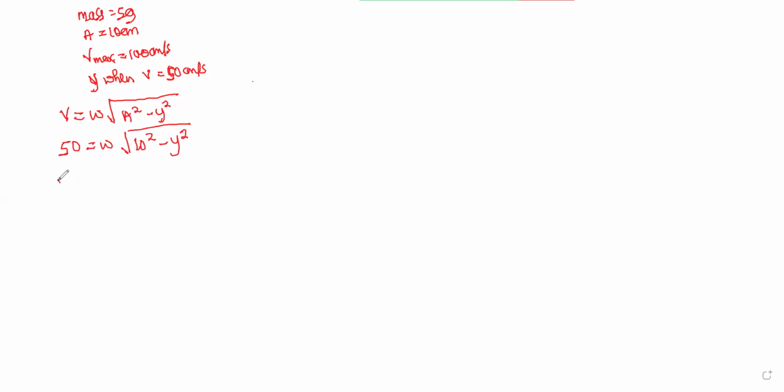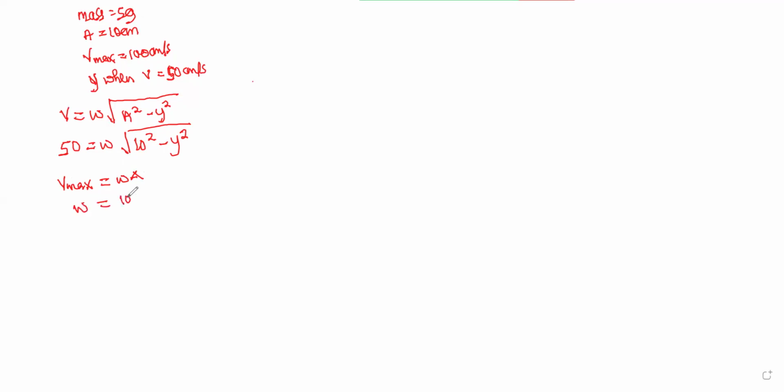Now, we also have a relationship with maximum velocity. The maximum velocity which occurs at the mean point is always omega times the amplitude, because at maximum value, y is 0. So knowing A and V max will help us determine omega.